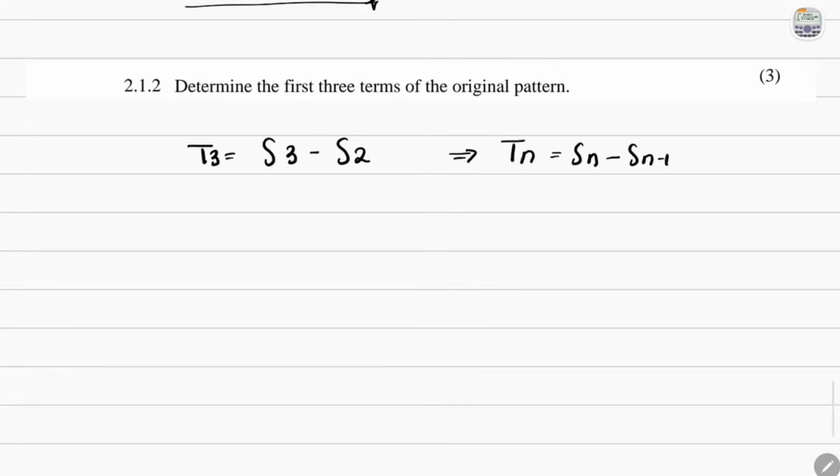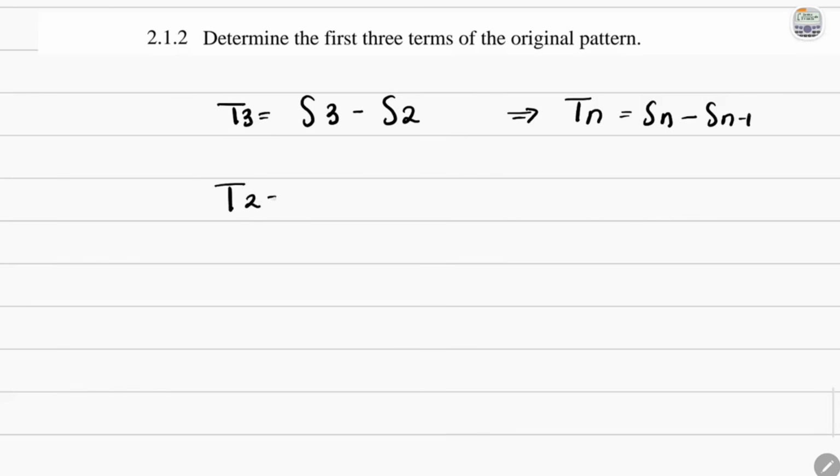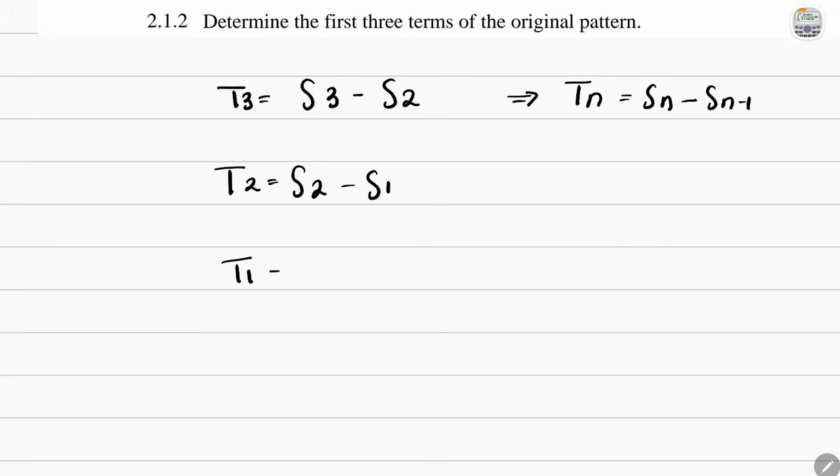And then how do we find term 2? We say the sum of two terms minus the sum of one term. And then to find the first term, you would simply say the sum of one term. That will be the first term, okay? Because the sum of one term is the only term that was added.